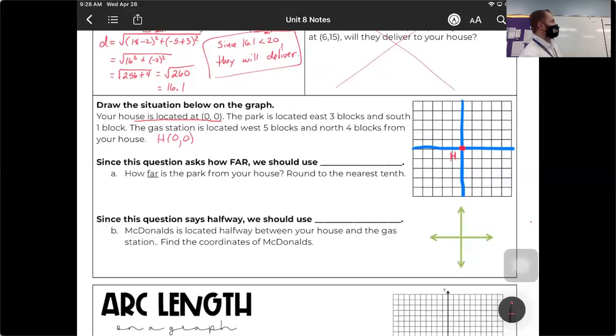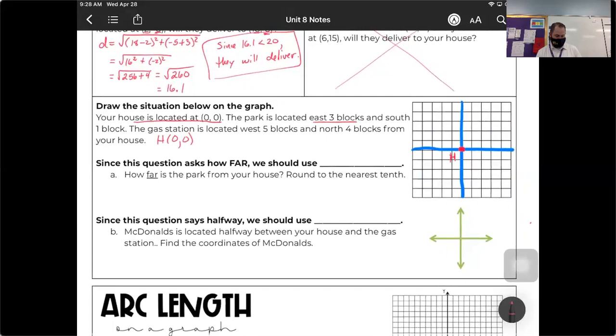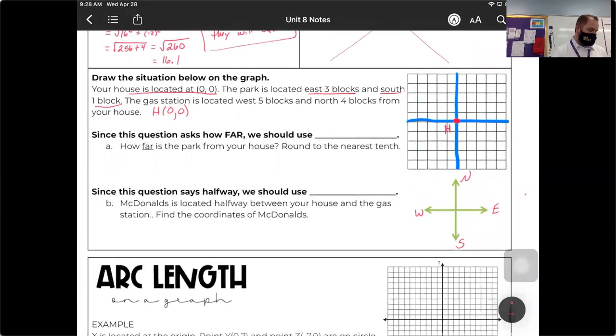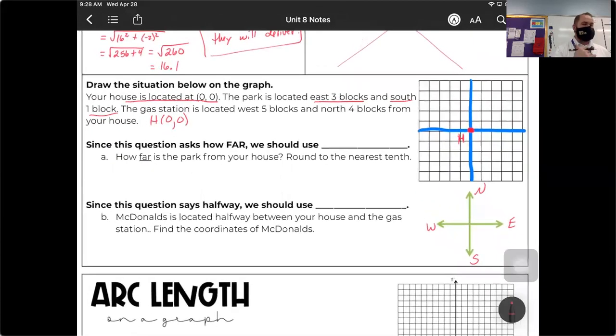The park is located 3 blocks east, or east 3 blocks, and south 1 block. Well, we got to remember our directions. That's why I give you this little picture down here. North and south are there. East and west are there. So when it says the park is located east 3 blocks, as in from your house, we're going to go to the right 3 blocks.